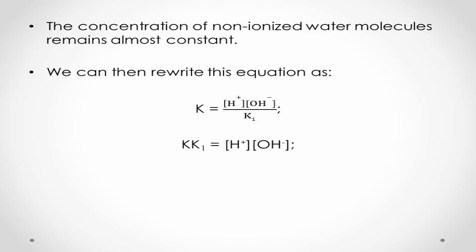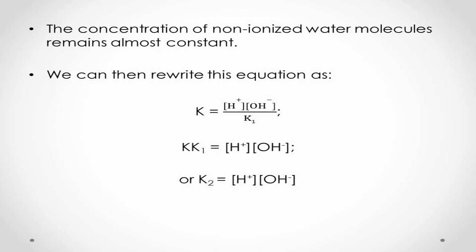Next, we multiply both sides of the equation by this constant. On the left side, we get the product of the dissociation constant and the concentration of undissociated water molecules. On the right side, we get the product of the concentration of H plus ions and OH minus ions. If we have two constants, the dissociation constant and the constant concentration of water molecules, we can combine them into a single constant.